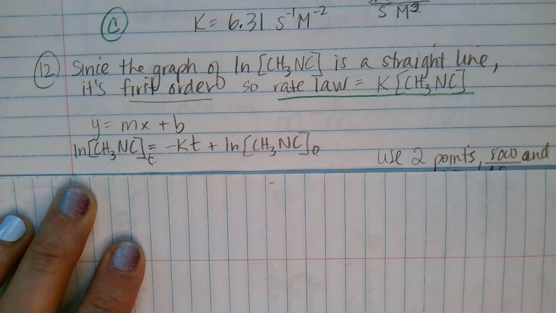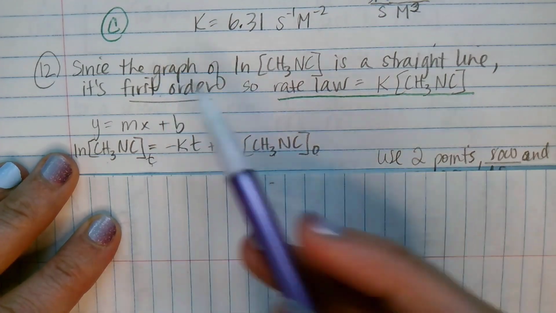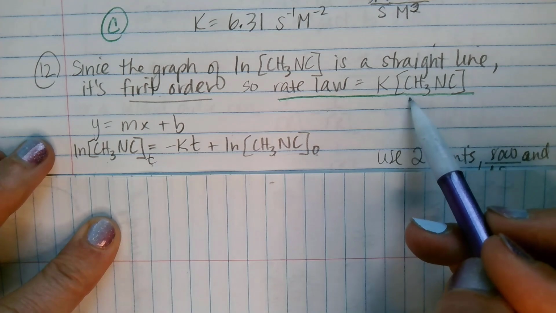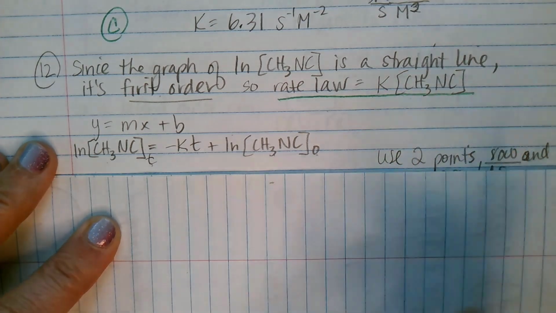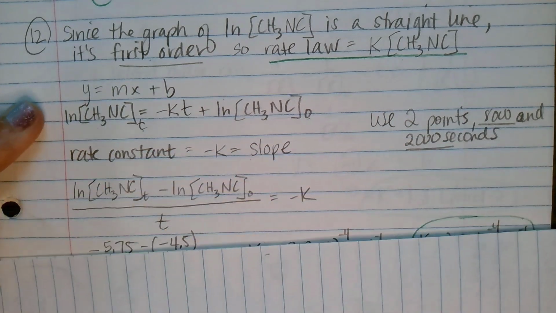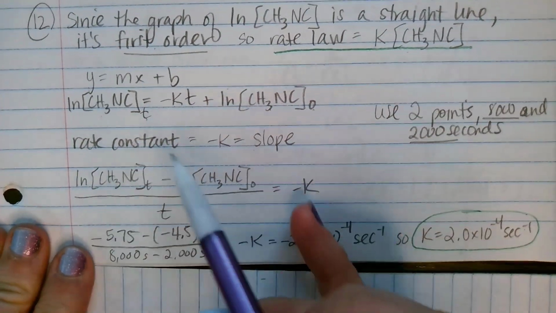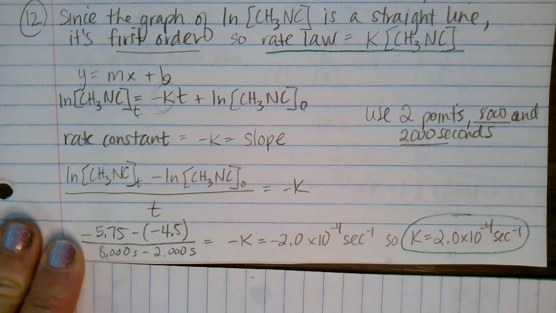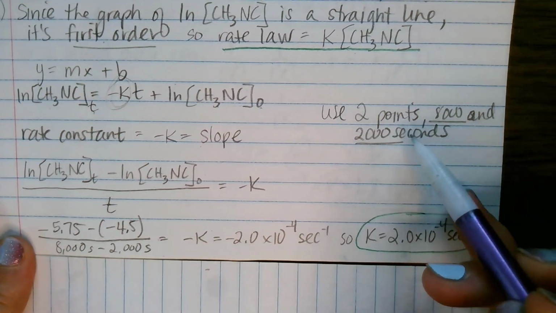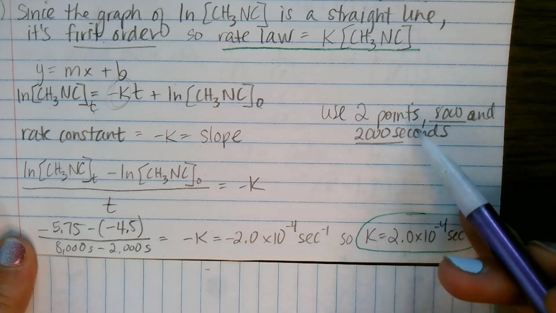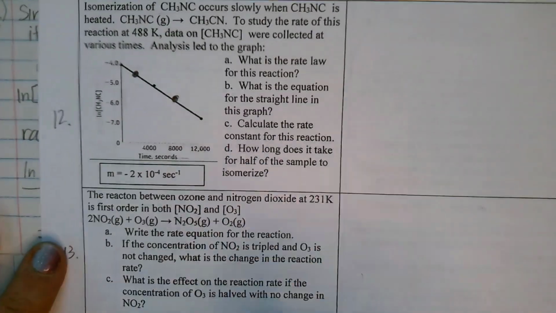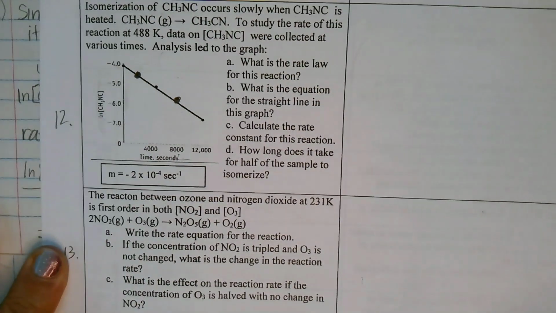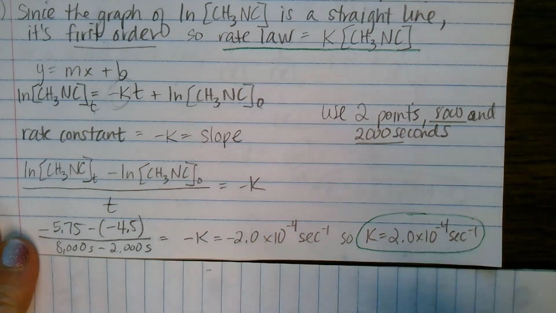And so we already said that it's first order, the rate law is equal to K times the concentration of CH3NC. The rate constant is negative K, which is my slope. And for my 2 points being used, I used the 8,000 for time and the 4.5 or negative 4.5.